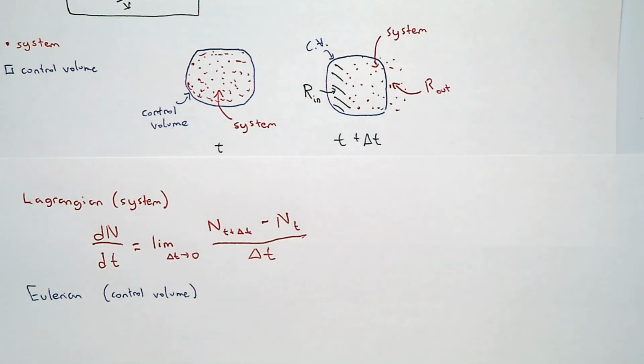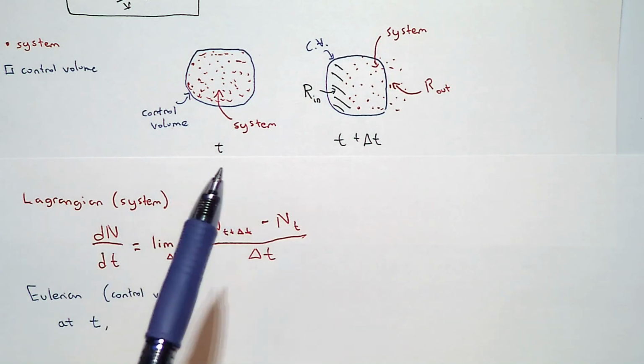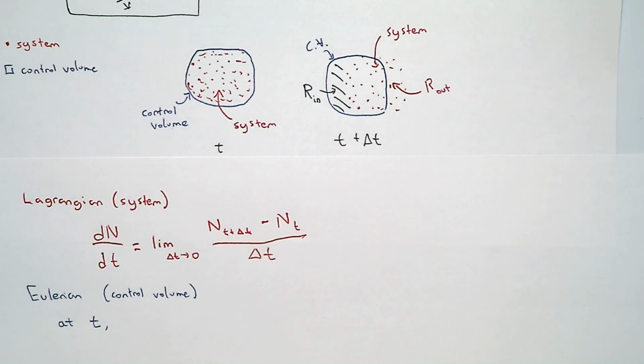So first, let's review a little bit. In the Eulerian description, in terms of my control volume, at time t, what region does the system occupy? Where is the system at time t?